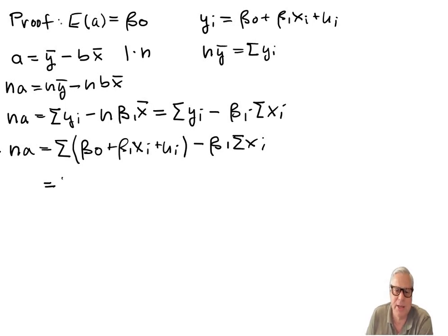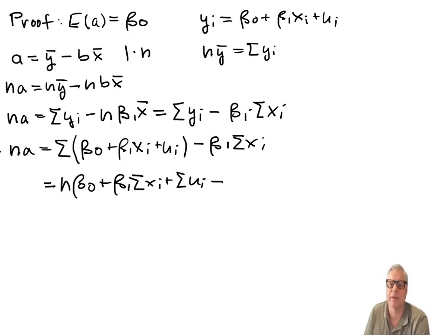If I sum up beta 0 n times, it just gives you n times beta 0 plus beta 1 times, so that's a constant, times the sum of xi plus the sum of all the residuals minus beta 1 times the sum of xi.